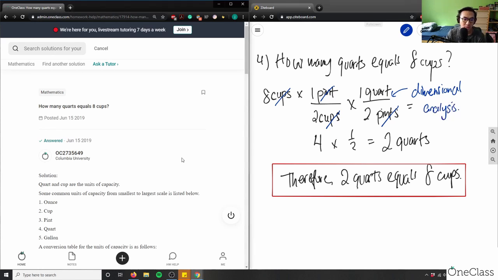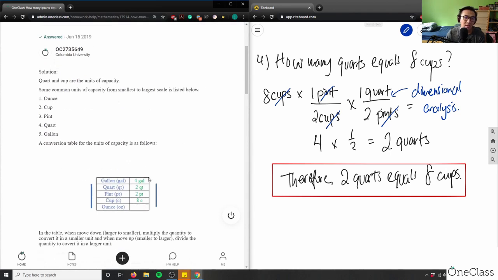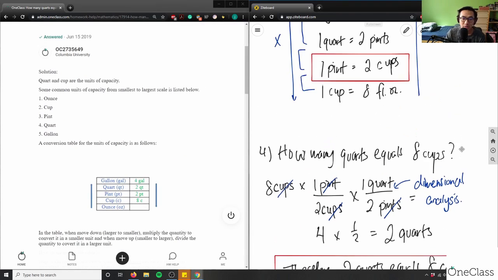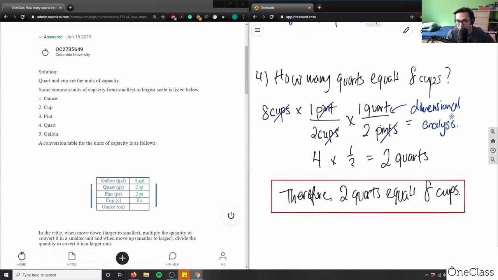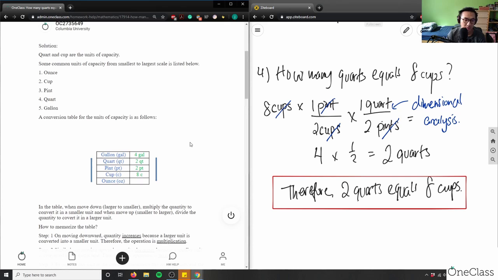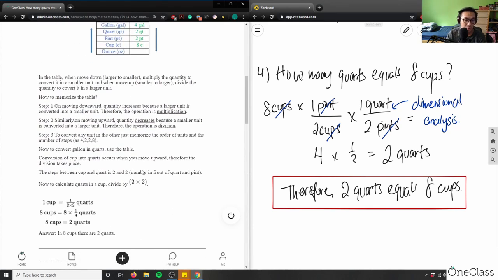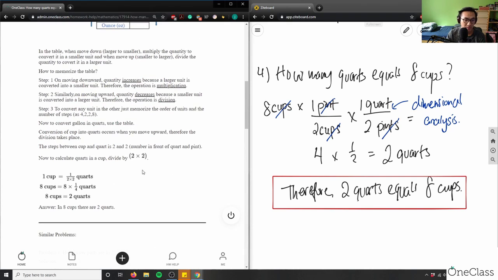Okay, so let's see here. They did the chart like I said before, but they did it in a table, and they multiply as you go down, divide as you go up. That's good. And then they did kind of the same thing. So 1 cup equals 1/4 of a quart.